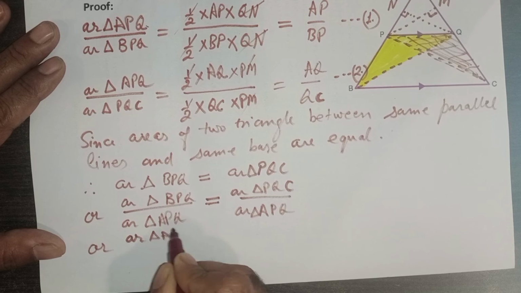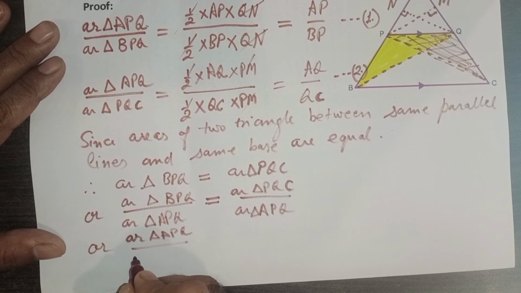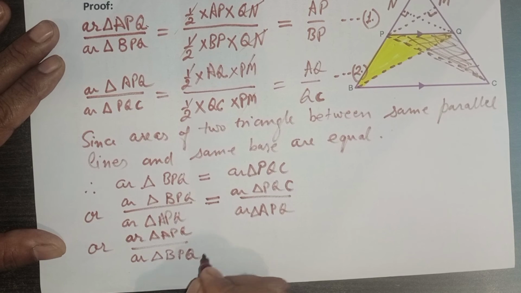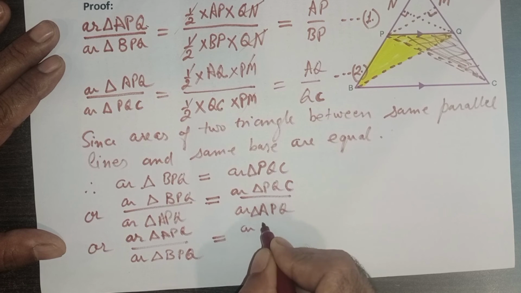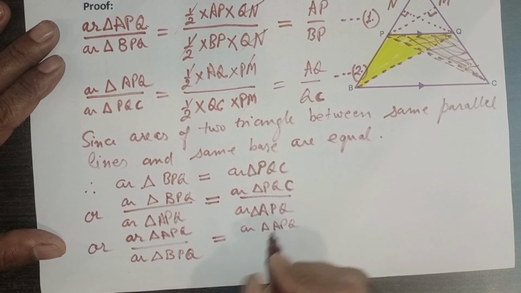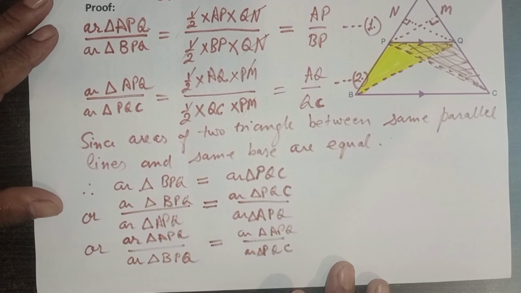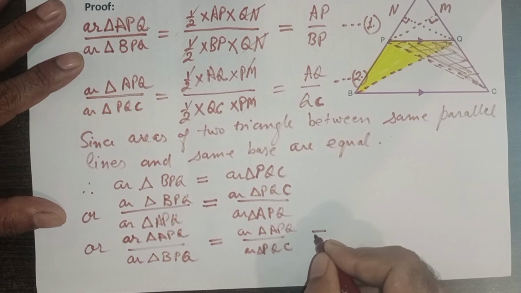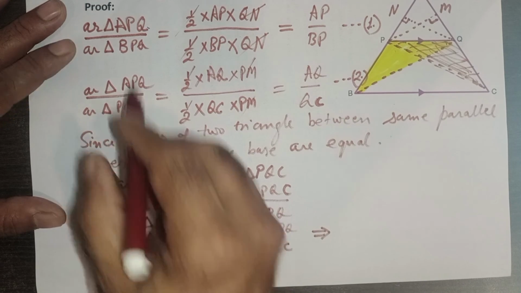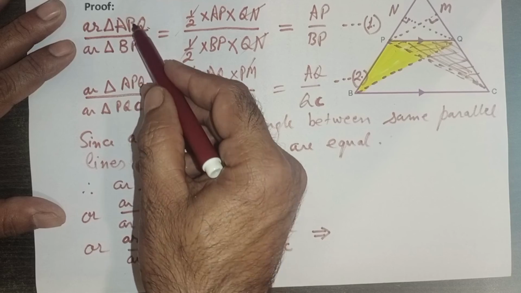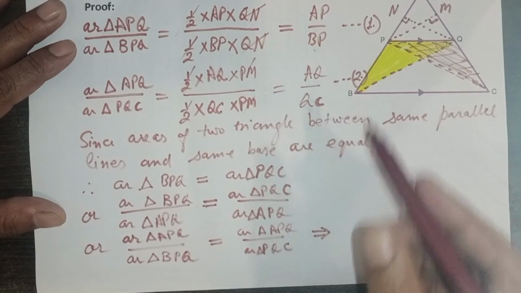Area of APQ over area of BPQ will be equal to area of APQ over area of PQC, right? Now you see students, area APQ over BPQ is AP upon BP.